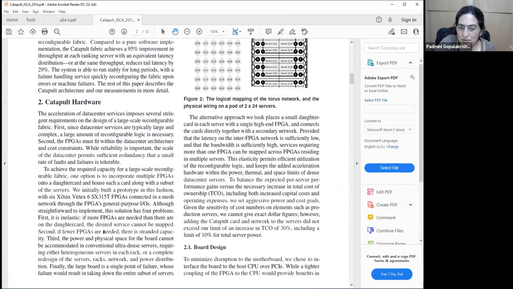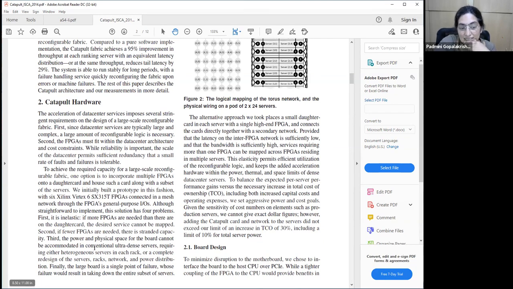It's very interesting to look at how they came up with this design. One problem is that it is not an elastic configuration. You're limiting your card to 6 FPGAs. If you need more, then it's hard to map. If you need less, then you're wasting capacity.